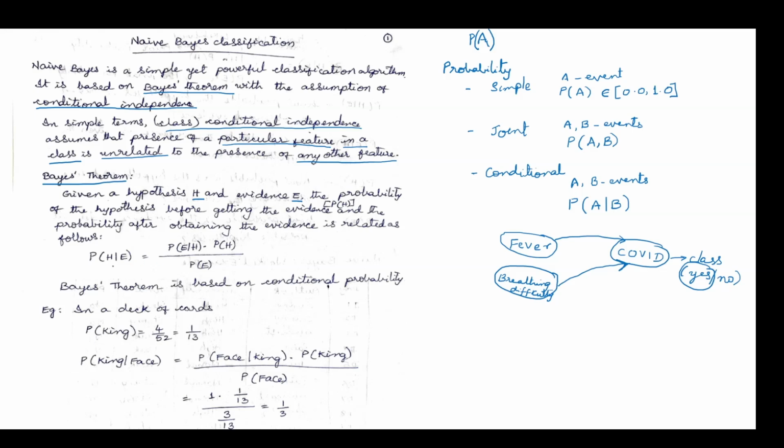P of H given E is P of E given H into P of H divided by P of E. P of H is the prior probability of a given hypothesis.